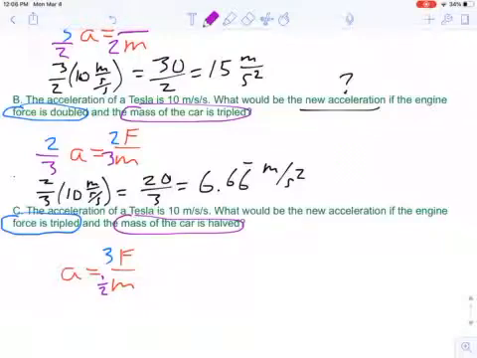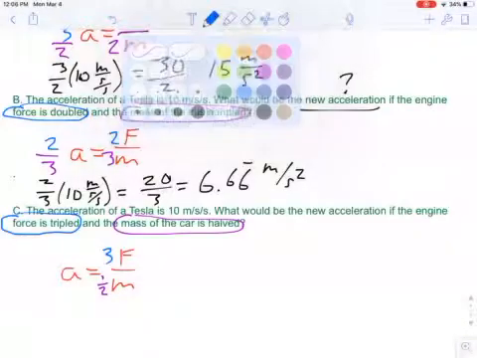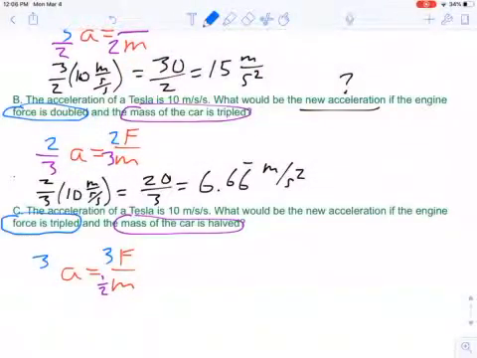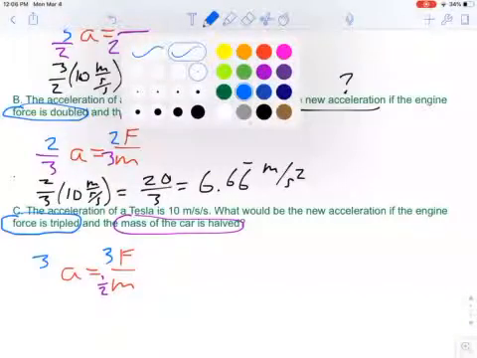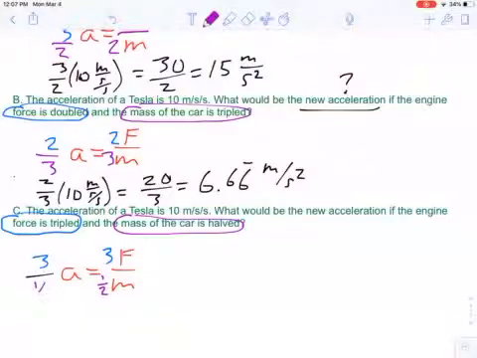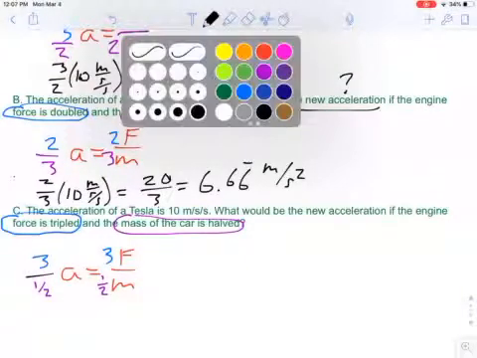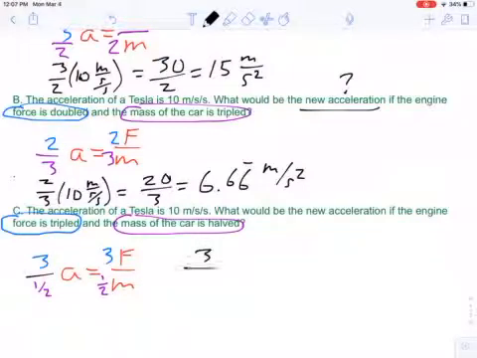And I'll show you in a moment that there's another way we could do that. So this becomes 3 over 1 over 2. And now we have a little bit of trickier math here. 3 over 1 over 2 times the original value of 10.